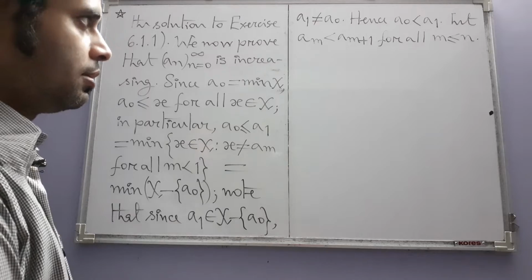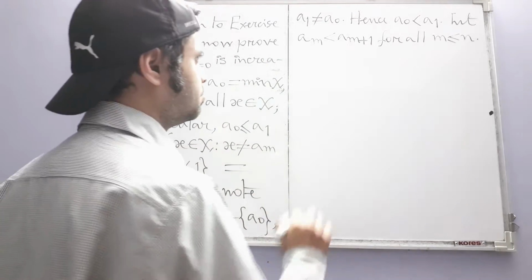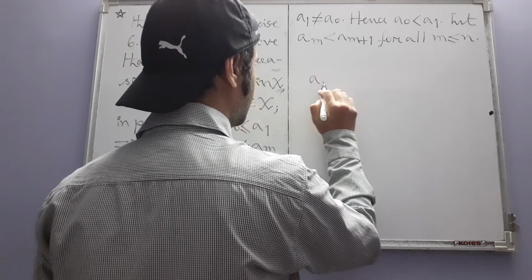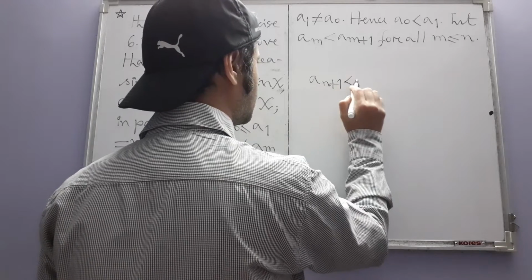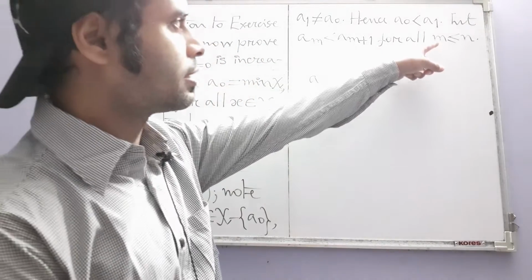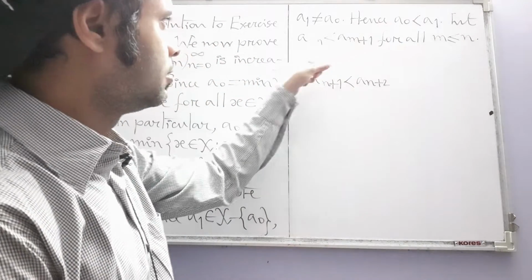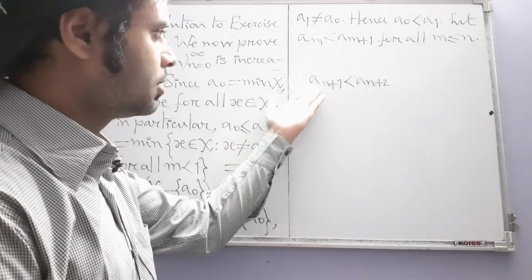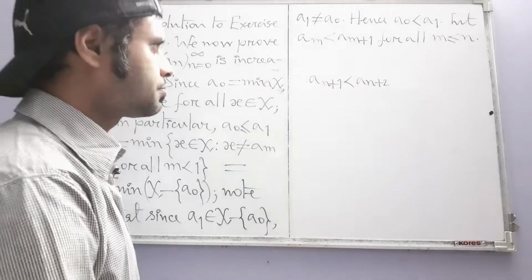Okay, now what is it that we now need to prove? We now need to prove that a n plus 1 is less than a n plus 2, because if you take the largest value of m here n, then you get a n less than a n plus 1. The next thing that we need to prove is this.